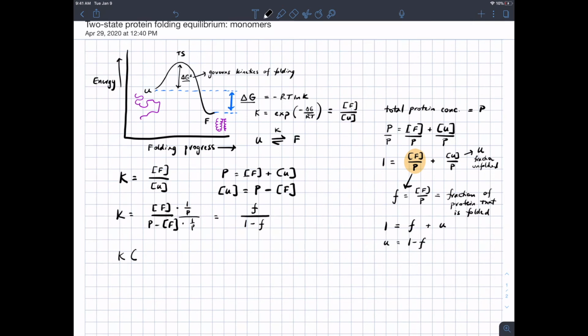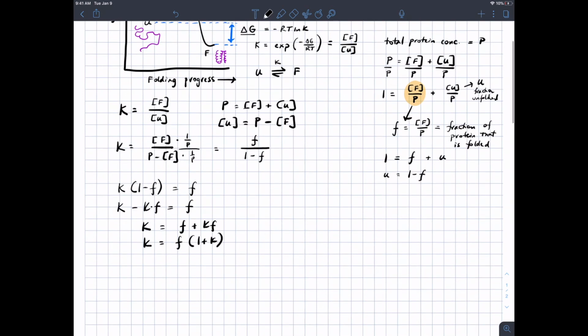So K times 1 minus f equals f. K minus Kf equals f. So K equals f plus Kf. Or K equals f times 1 plus K, or in the end, K divided by 1 plus K equals f.